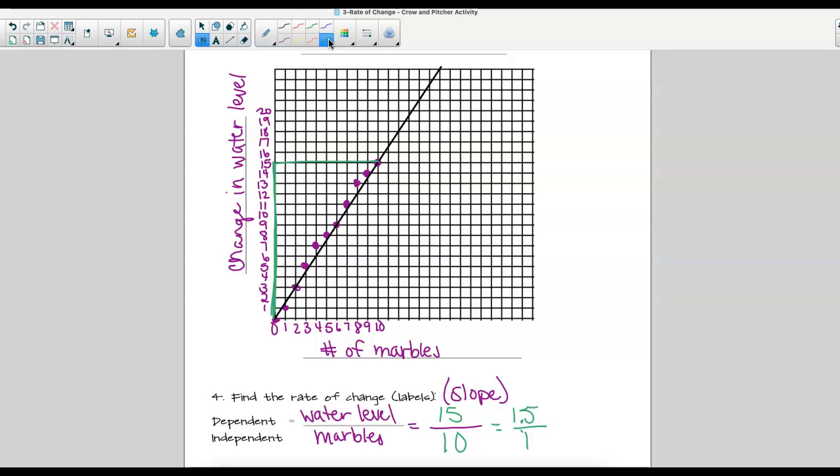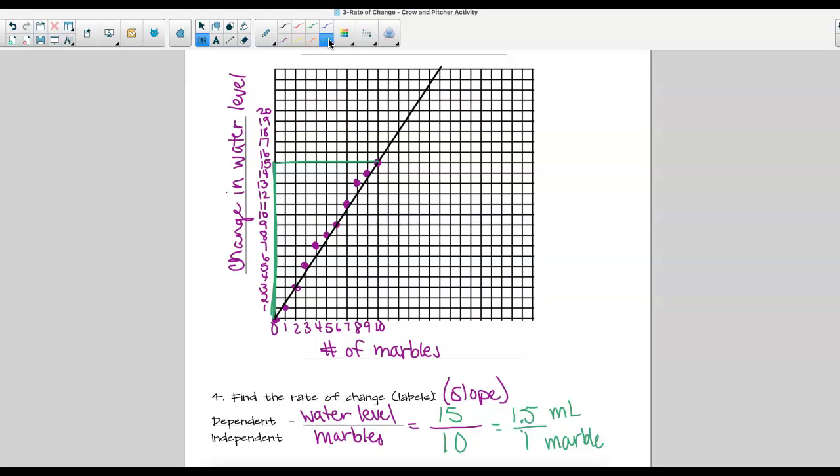What that means is the water level changed 1.5 milliliters per marble. Or 1.4 or 1.3, whatever yours ends up being. You guys, does it make sense then that it was hard to read? If it went up 1.3 every time or 1.4 every time, it makes it more difficult to read.